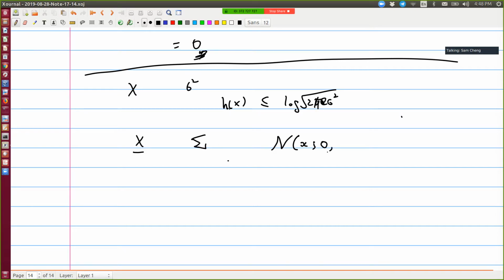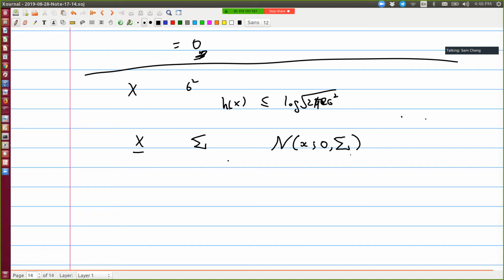Again, the mean is not important, so I will just assume zero mean here, because the mean will not affect the entropy of a distribution or a random variable. So this is basically the PDF of the Gaussian distribution.